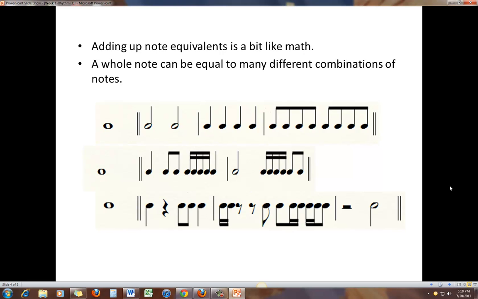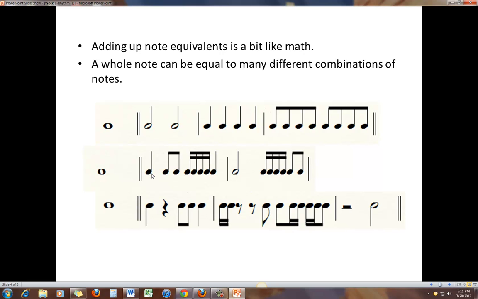A whole note can be equal to a variety of different combinations of notes. So one whole note is equal to 2 half notes, or 4 quarter notes, or 8 eighth notes. But it can also be equal to an almost infinite variety of different note values and rest values.